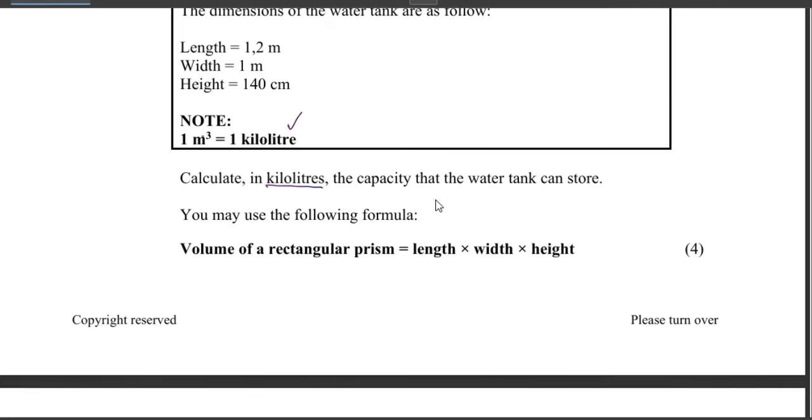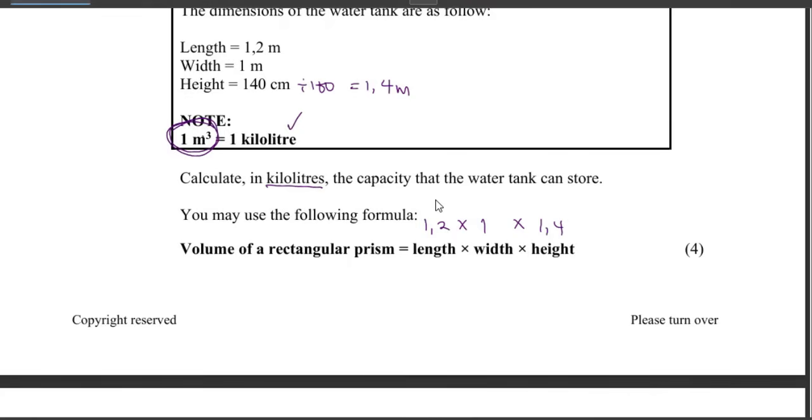In kiloliters. So what you're going to do, make sure everything is in meters. Why? The unit that you're going to use here is meters cubed. So we need to change this to meters. We divide by 100. So it becomes 1,4 meters. Now come and substitute here. 1,2 times 1 times 1,4.